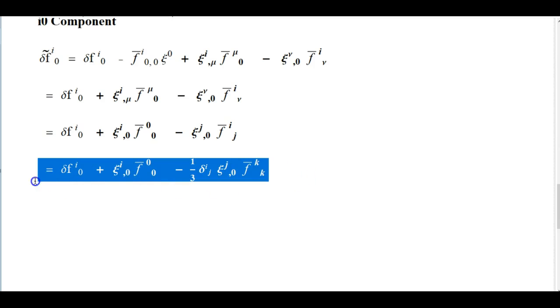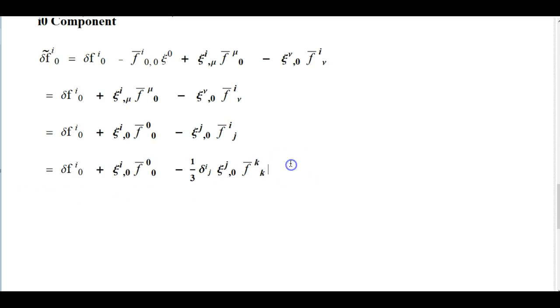Okay, now look at the last term. So delta ij when applied to xi j, then xi j will become xi i, and this delta ij is now gone.